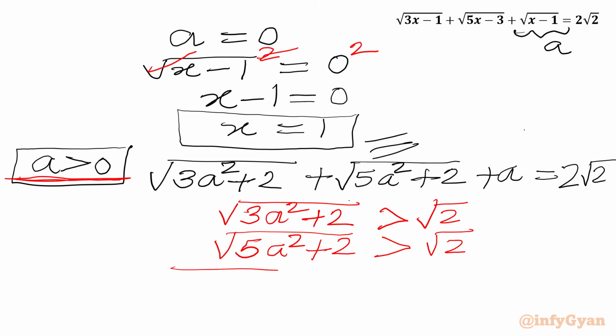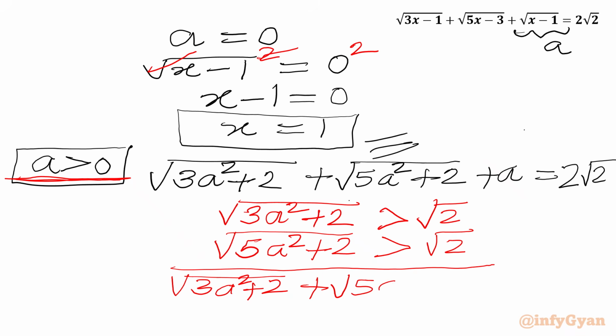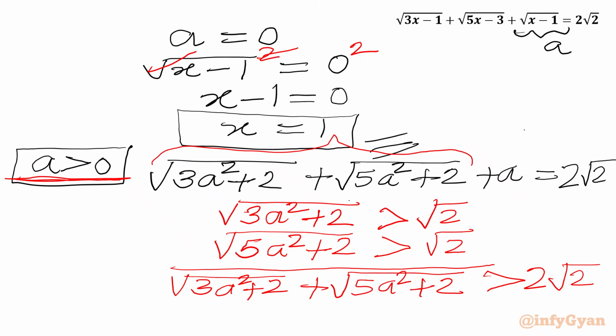If I add these two inequalities, I can easily write square root 3a square plus 2 plus square root 5a square plus 2 must be greater than 2 root 2. So this quantity is always greater than 2 root 2.